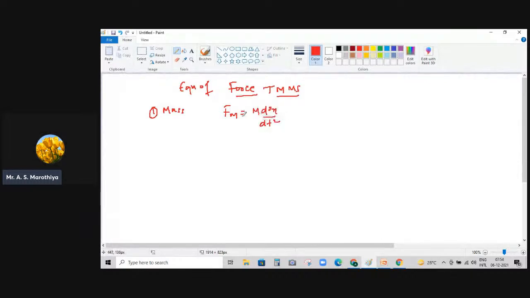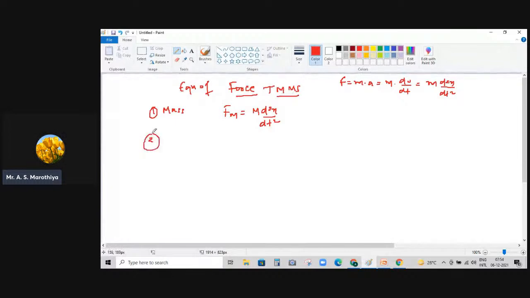That is very important, because from Newton's law we know that F is nothing but m into a, where a is acceleration. So I can write m into dv by dt, or in terms of displacement as m d2x by dt square.